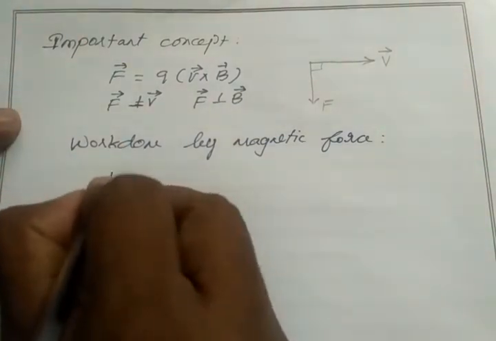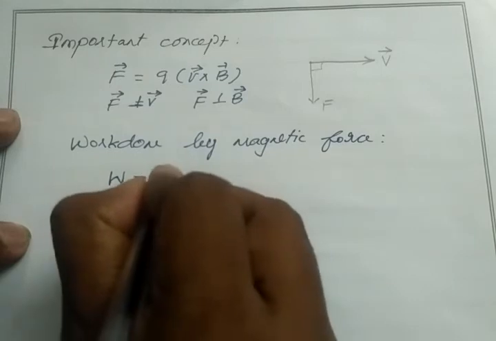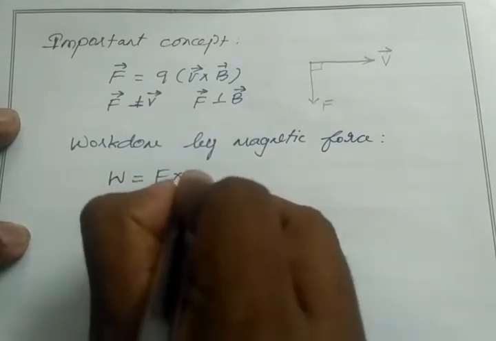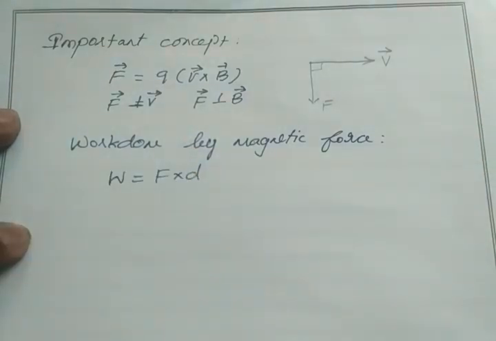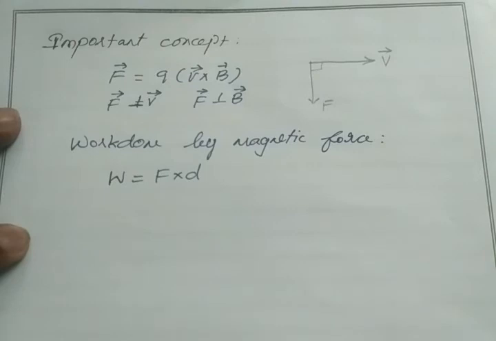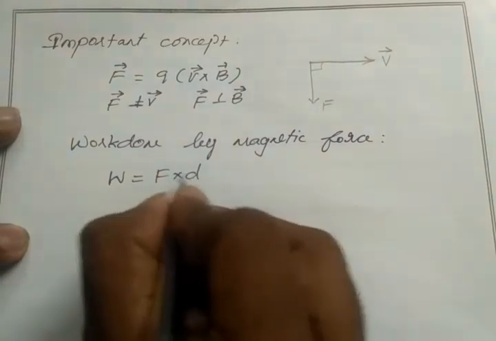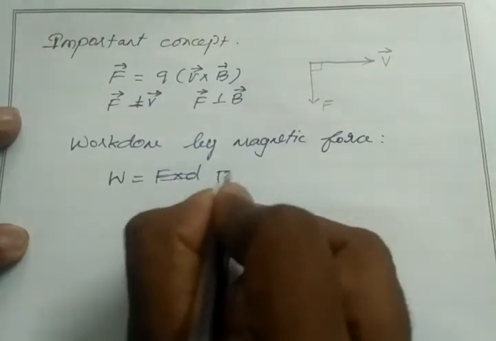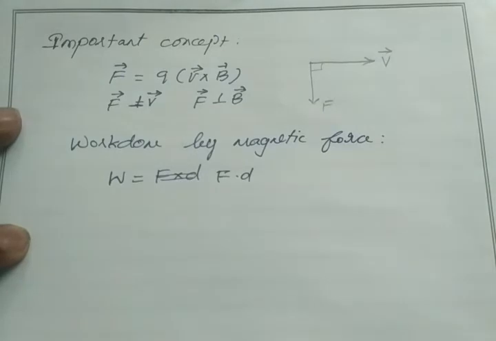We know work done equals force into displacement, right? We know the direction of force. What is the direction of displacement? Actually, work done is force dot displacement. So work done is a dot product, force dot displacement.